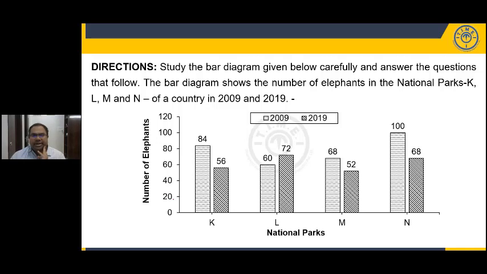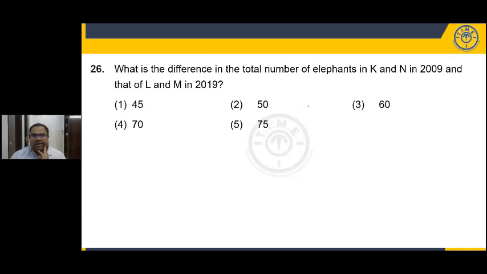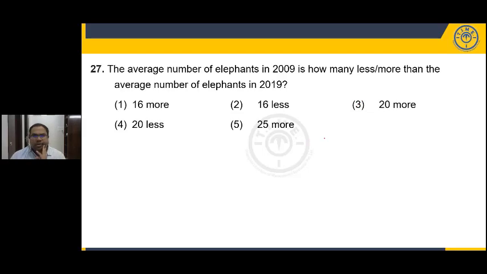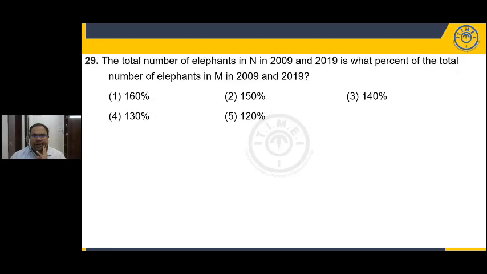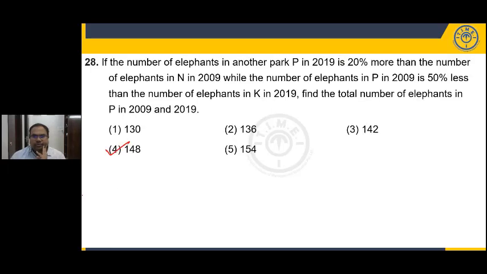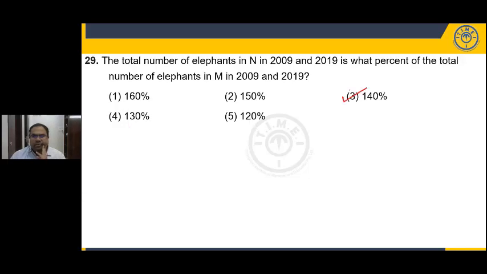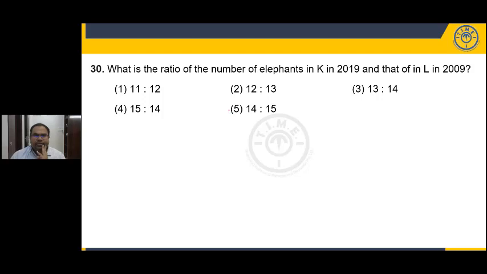You can try this. 26th, third option. 27th, first option. 28th, fourth option. 29th, third option. 30th, fifth option.